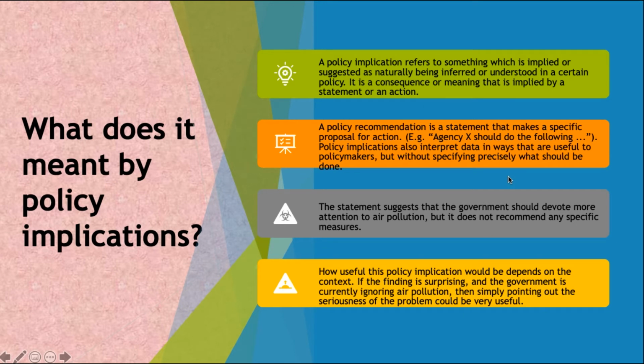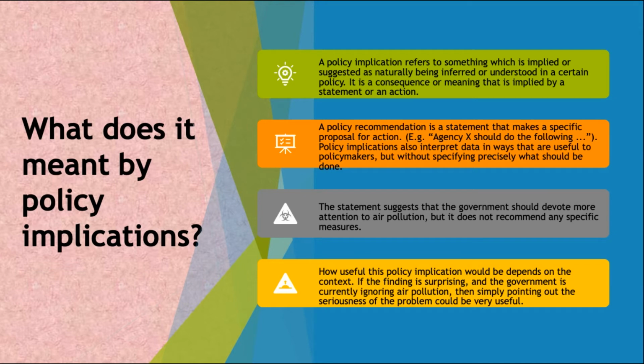So what does it mean by policy implication? After you write your conclusion, you provide a policy implication. A policy implication refers to something that is implied or suggested, naturally inferred or understood in a certain policy. It is a consequence of meaning that is implied by a statement or an action. A policy recommendation is a statement that makes a specific proposal for action. Example: agency X should do the following.